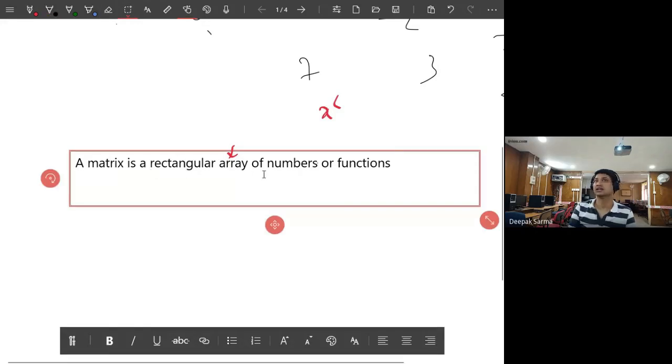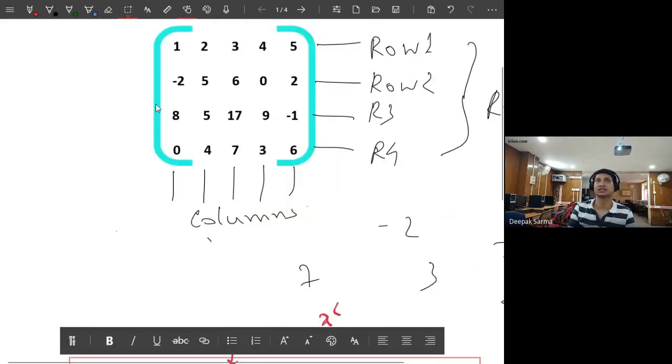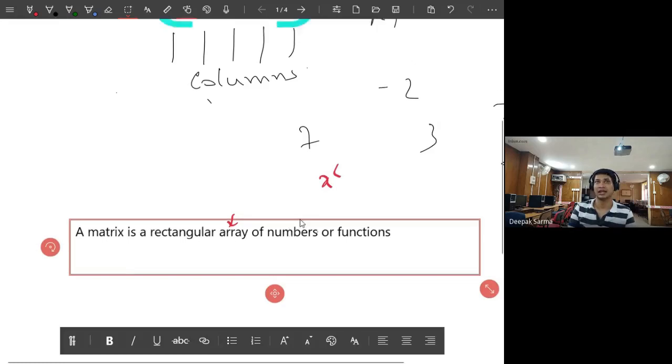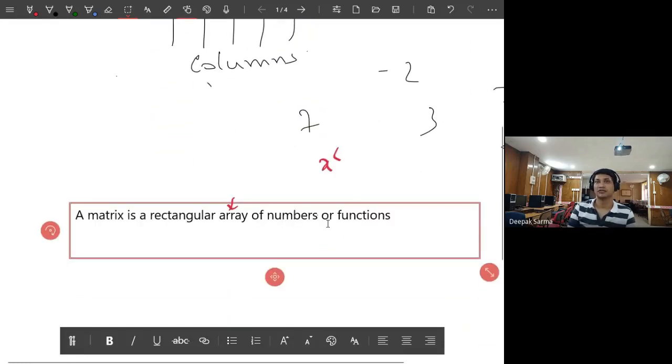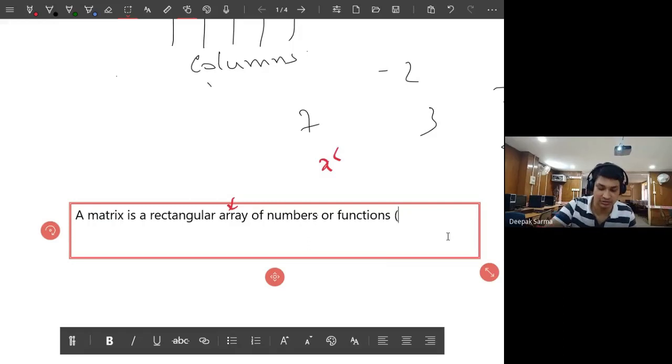So a matrix is a rectangular array of numbers. Rectangular array, you can see this one forms a rectangle. An array, a nice arrangement is there. Of numbers. Here you can see numbers, but I can have some functions also. And let me write, enclosed by a pair of brackets.